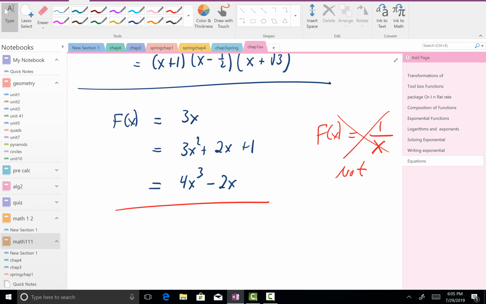The thing that we want to know how to do with polynomials is talk about the degree. Okay? So the degree is the largest power or exponent.